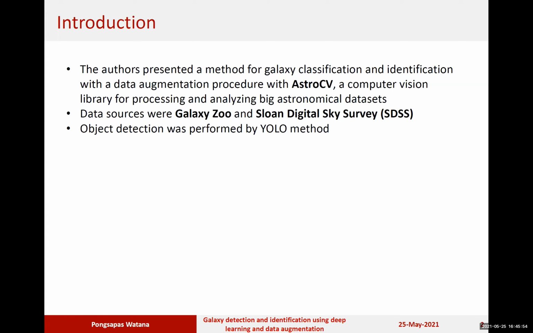They took data from Galaxy Zoo, a public online data set in which the data has been annotated by 100,000 people, and also data from the Sloan Digital Sky Survey, and they implemented the model with the YOLO method.